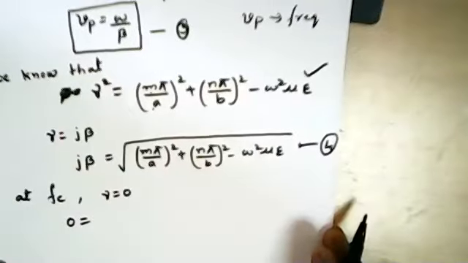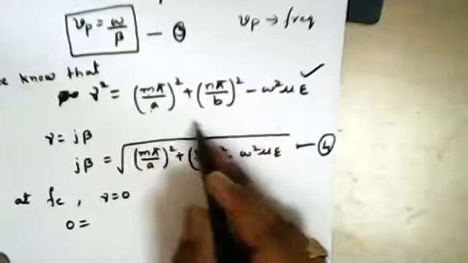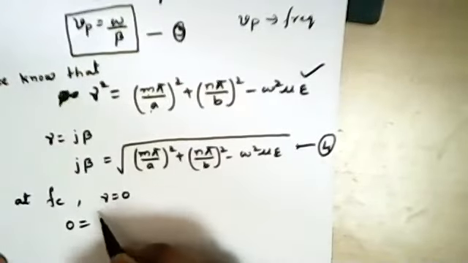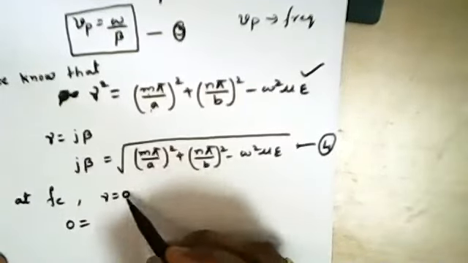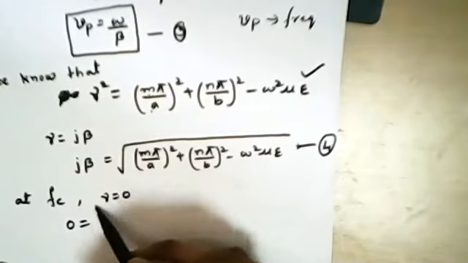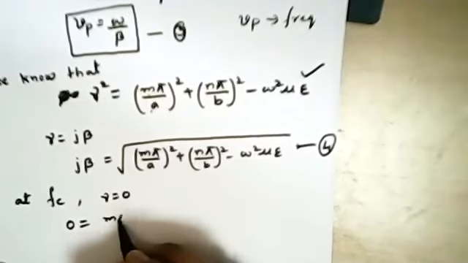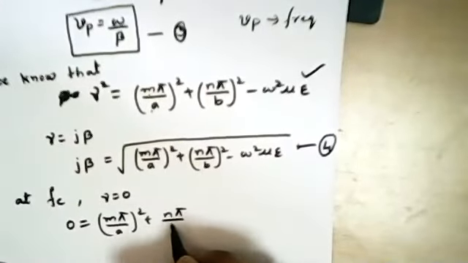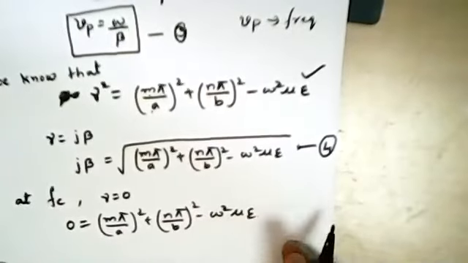At cutoff frequency, the propagation constant gamma will be equal to 0, as the wave just starts its journey. So at the initial stage, the propagation of the wave will be 0. Then this will be equal to m pi by a whole square plus n pi by b whole square minus omega square mu epsilon.